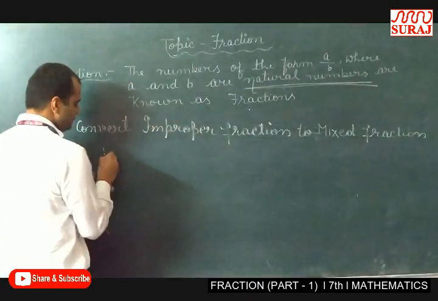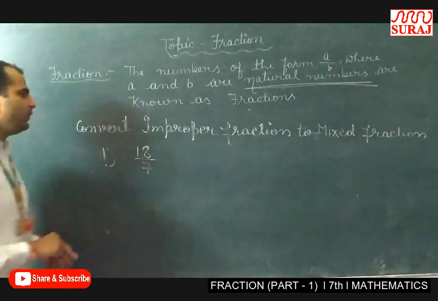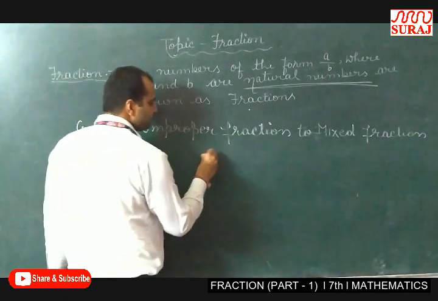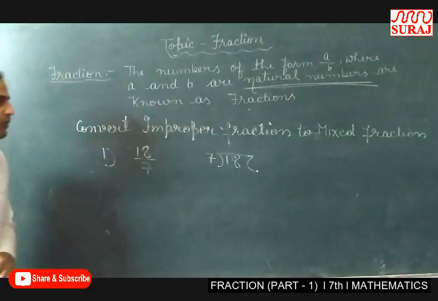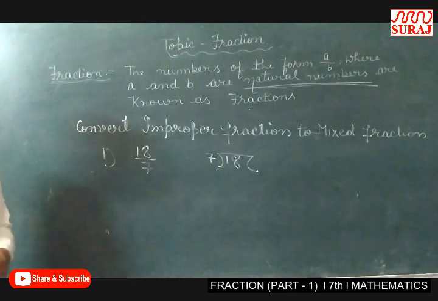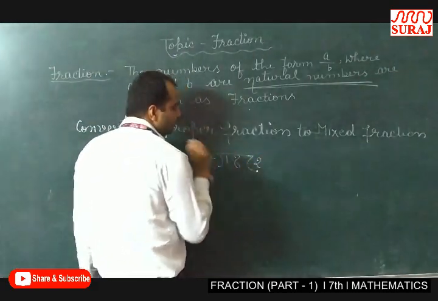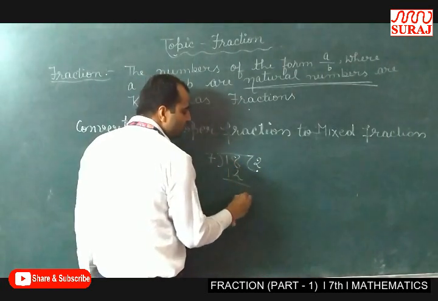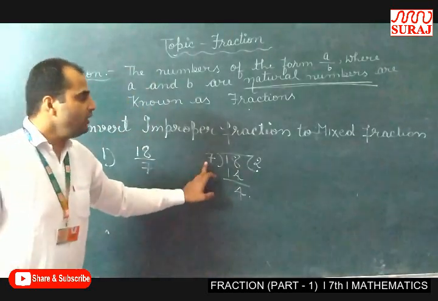First question is 18 upon 7. Firstly, we divide 18 by 7. 7 1 is 7, 7 2 is 14, 7 3 is 21. 21 is more than 18. So 7 is divided twice. 7 2 is 14. 18 में से 14 गए तो 4. So 7 is more than 4.